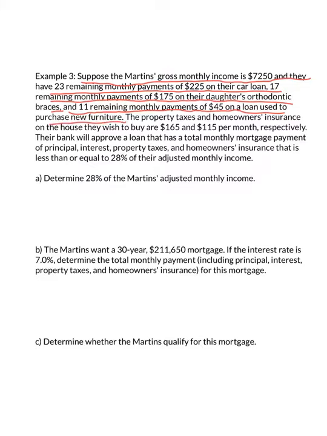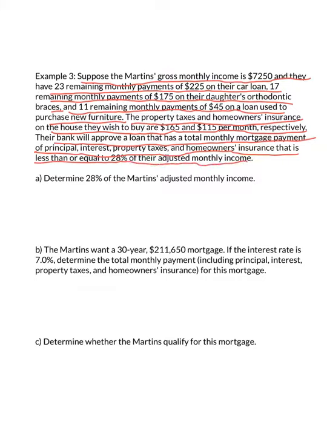The property taxes and homeowners insurance on the house they wish to buy are $165 and $115 per month respectively. Their bank will approve a loan that has a total monthly mortgage payment of principal, interest, property taxes, and homeowners insurance that is less than or equal to 28% of their adjusted monthly income.